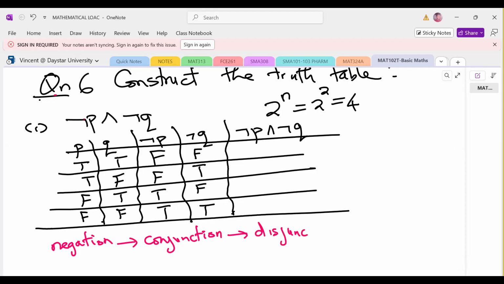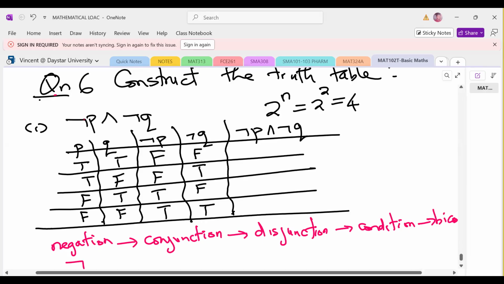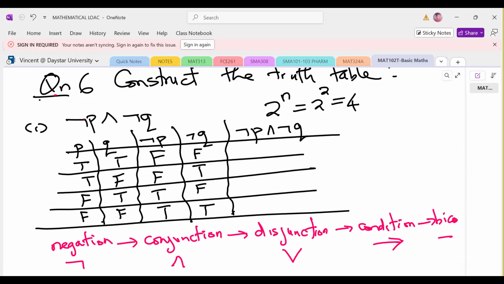Then from disjunction we go to conditional. And then from conditional we go to biconditional. Negation we use this sign. Conjunction we use this sign. Disjunction we use this one. Conditional we use this arrow. Biconditional we use 2 arrows. I hope you remember the signs.